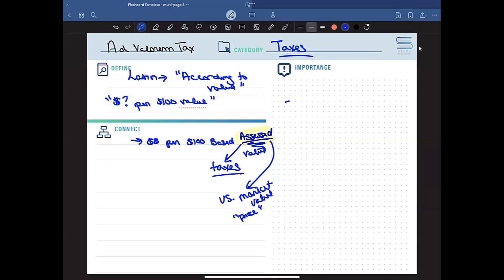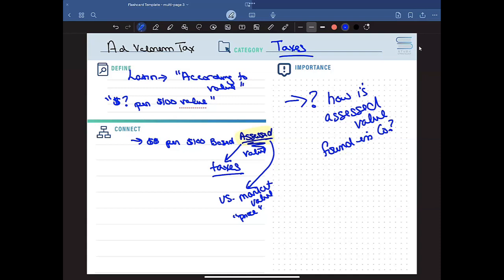One of the things I would encourage you to look up is how assessed value is found in Colorado.